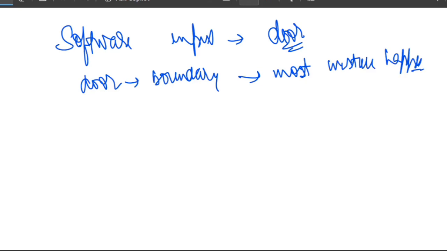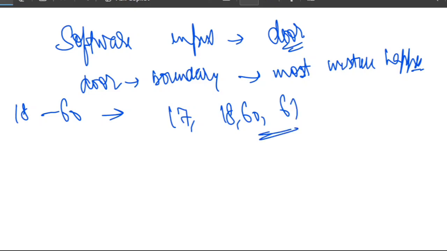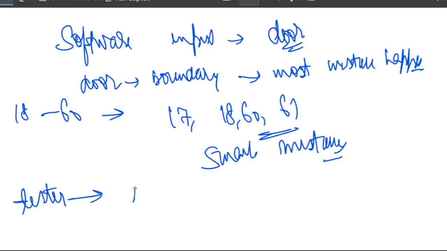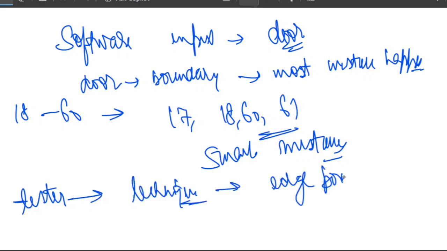For example, if a form asks you to enter an age between 18 and 60, the risky points are 17, 18 minimum, 60, and 61. These ages, these boundaries, are where developers often make small mistakes. So what does the tester do? The tester uses a special technique to check these critical age points.